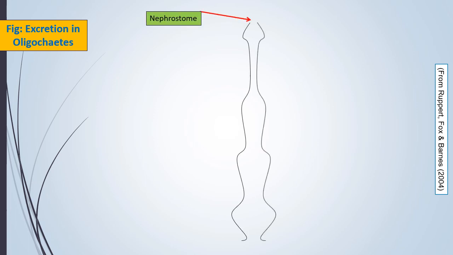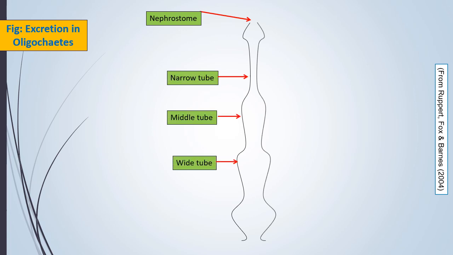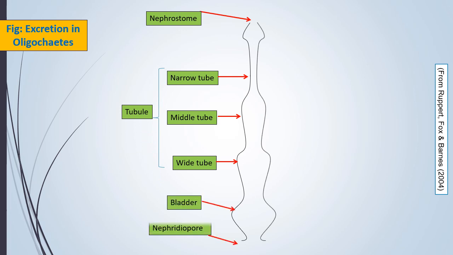Let us look into the physiology of excretion in oligochaetes. The nephridia, as we know, consist of a nephrostome, a tubule, a bladder and an opening to the exterior called the nephridiopore.